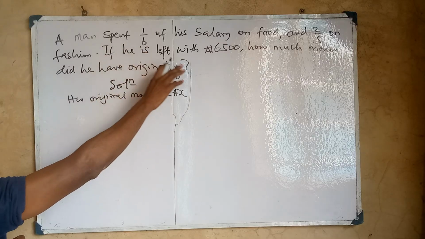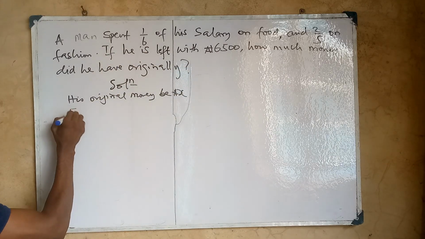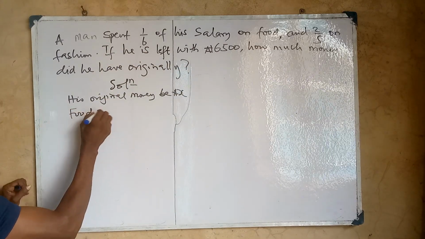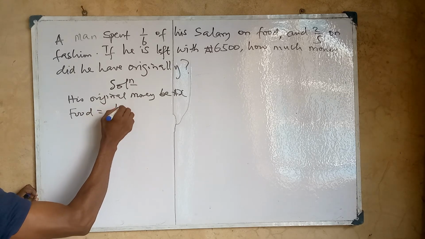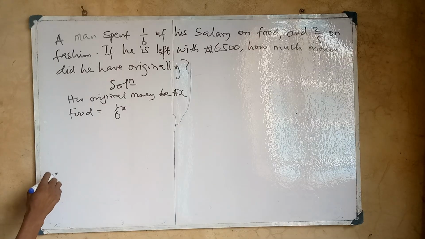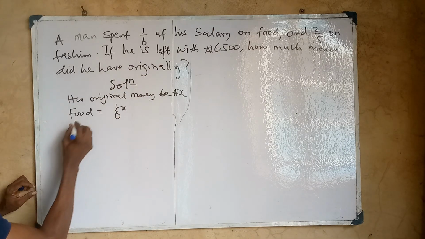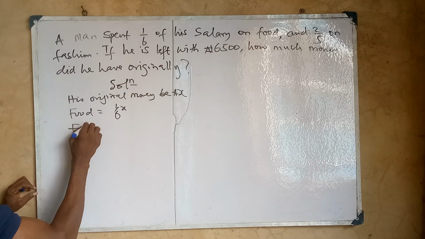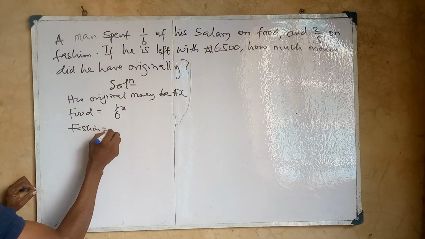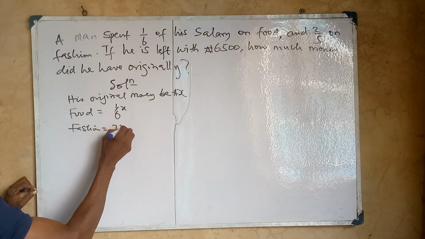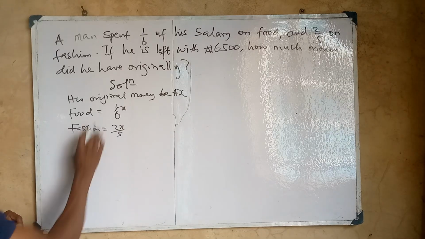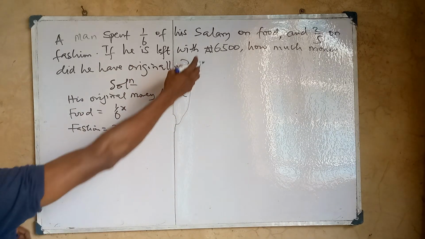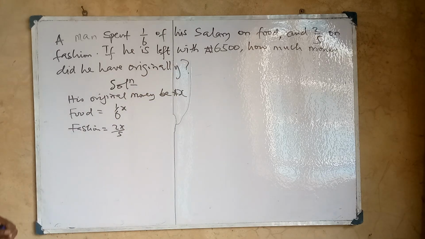He spends 1/6 of the salary, so the food takes 1/6 of the money. The fashion takes 2/5 of the money. Then he is left with this amount, 6,500 naira.